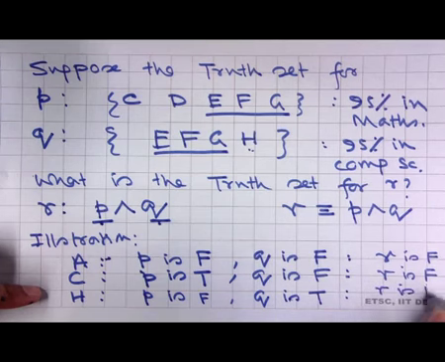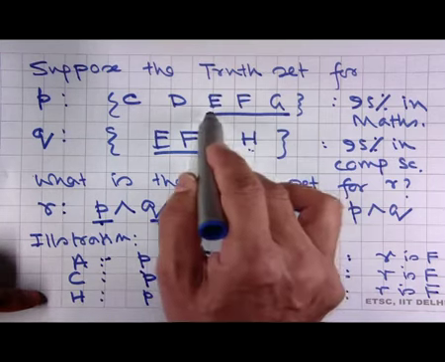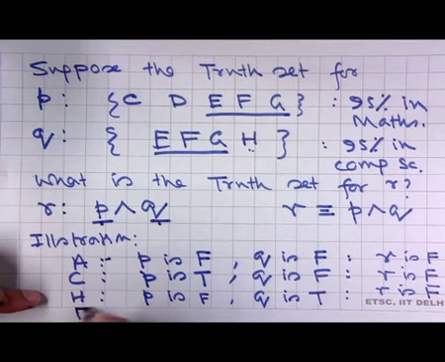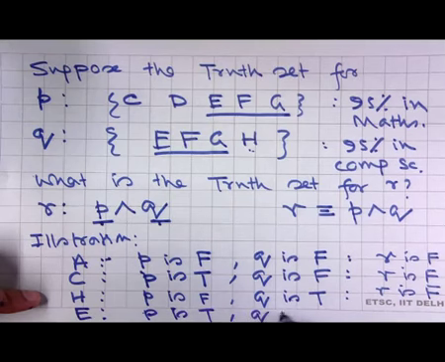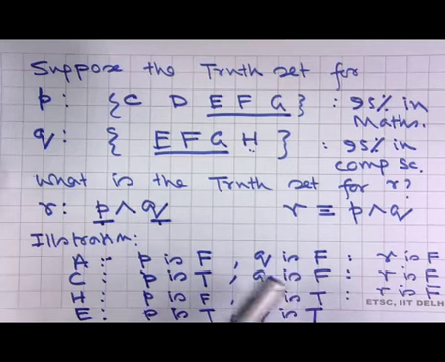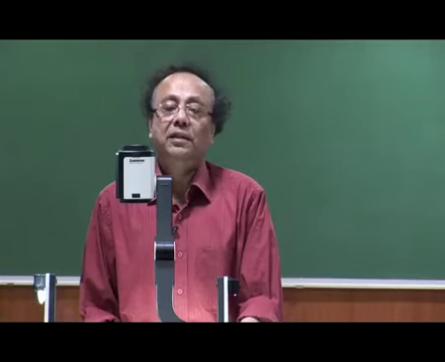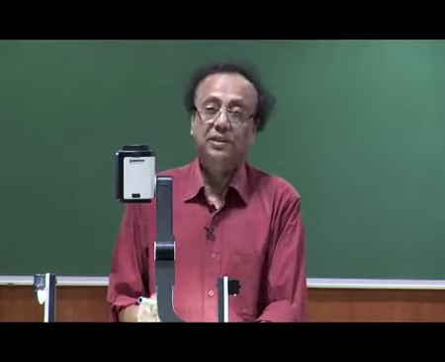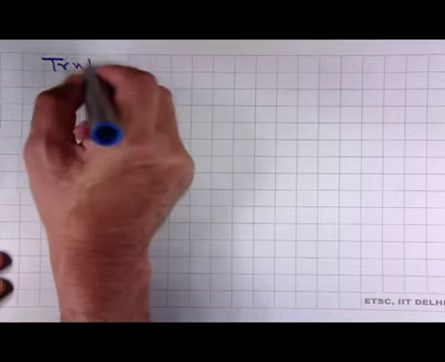Therefore, R is false. Therefore, only persons who can get prize are somebody like E, for which P is true and Q is true. So, if we work out like this, we can easily understand the truth table for conjunction. Therefore, truth table for conjunction is something like this.